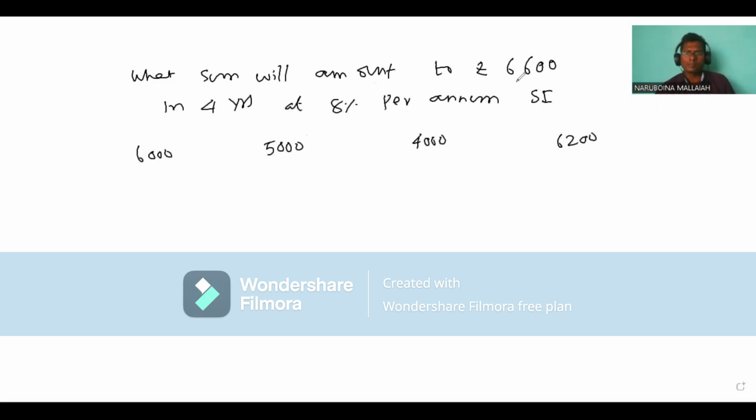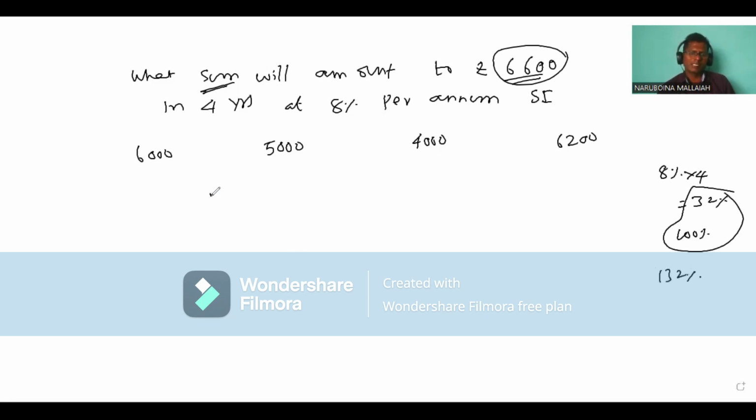So here the amount is mentioned and we have to calculate the sum. Sum means principal here. The amount is given. For 1 year the interest is 8%, for 4 years it will be 32%. 100% is the principal, so the amount is 100 plus 32, that is 132%. That means 132% value is equal to 6,600. We have to calculate the principal. Principal is always taken as 100%.